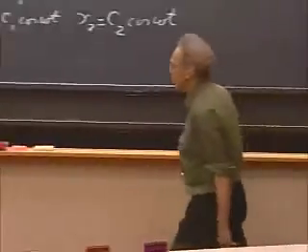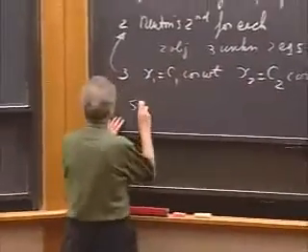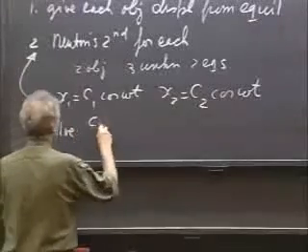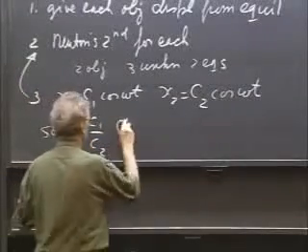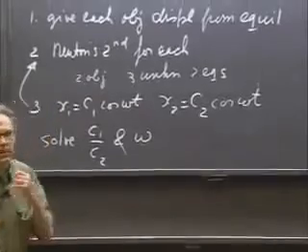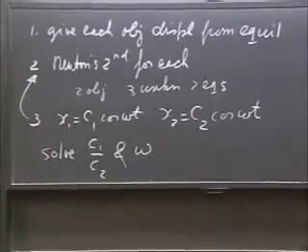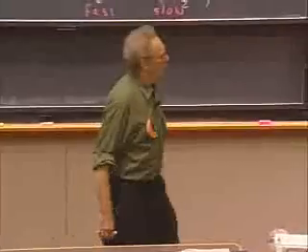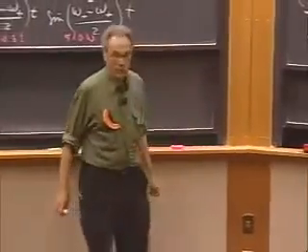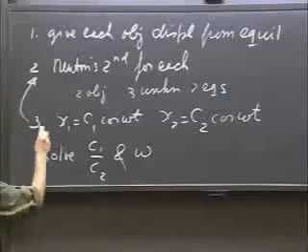So that means the ratio C1 over C2 cannot be dependent on the initial conditions. In other words, you can always solve these equations in terms of C1 divided by C2 and omega. And I will show you that that works. So you follow this recipe, and we will do that religiously together.